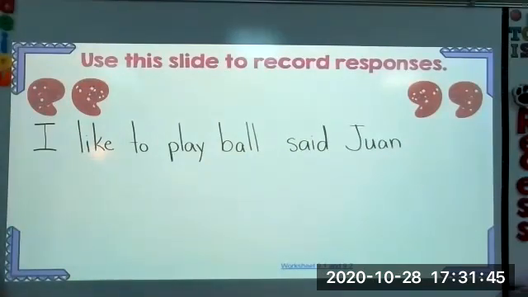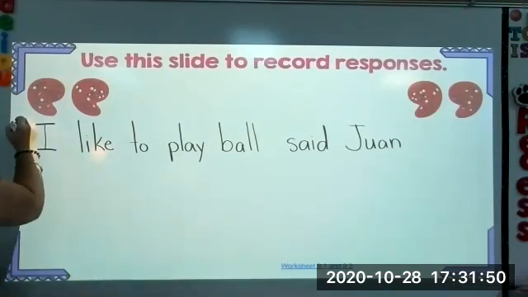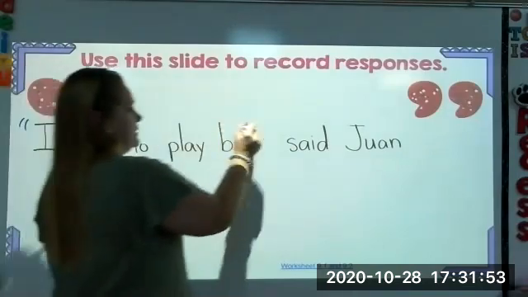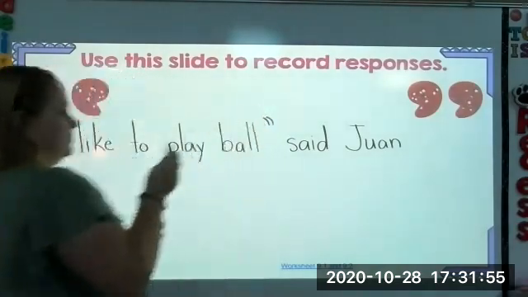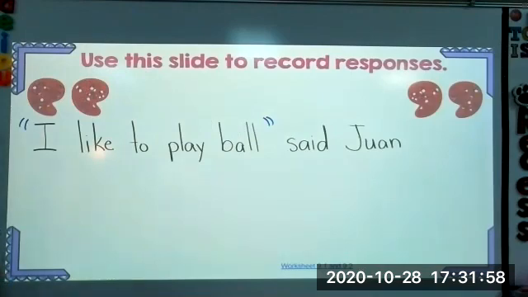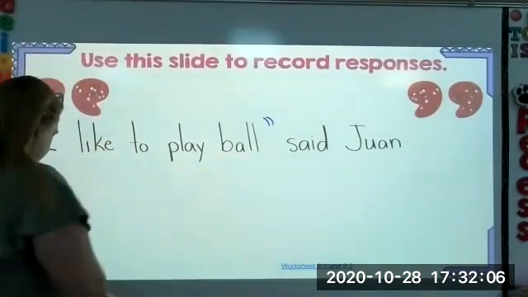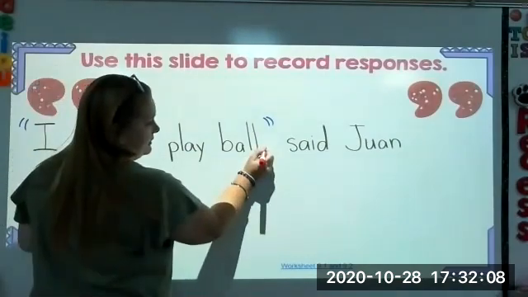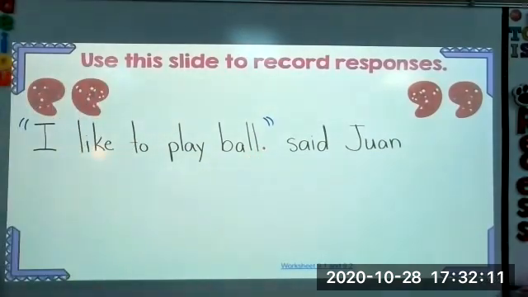That's what Juan actually said. Juan said, "I like to play ball." So we need to put our quotation marks around what he said. Now, Juan made a complete sentence, so we need to have a period inside the quotation marks. I want you to see the difference between when "said Juan" is at the end or when it says "Juan said." There is a difference.